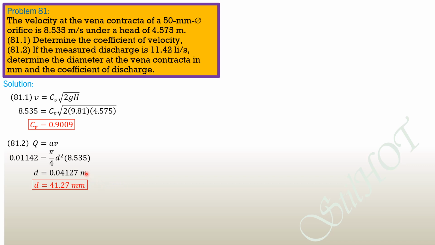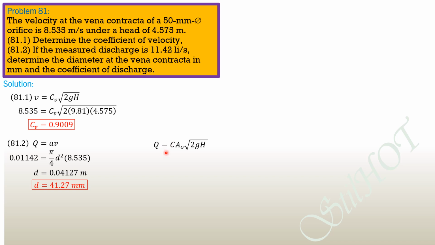The other way of computing the diameter is to solve for the coefficient of discharge first. From the formula, actual discharge Q equals coefficient of discharge, area of orifice, square root of 2g times the head. So this is the other way of solving for the diameter at the vena contracta.